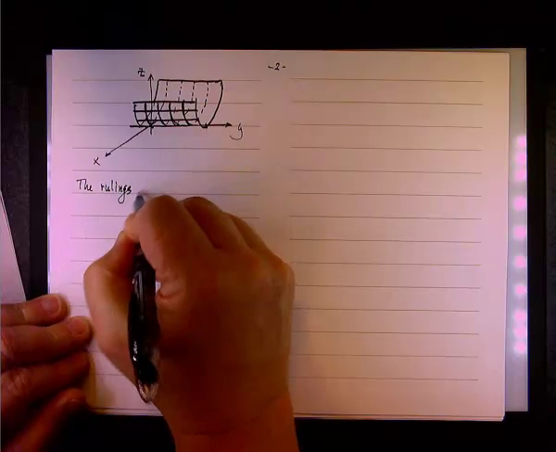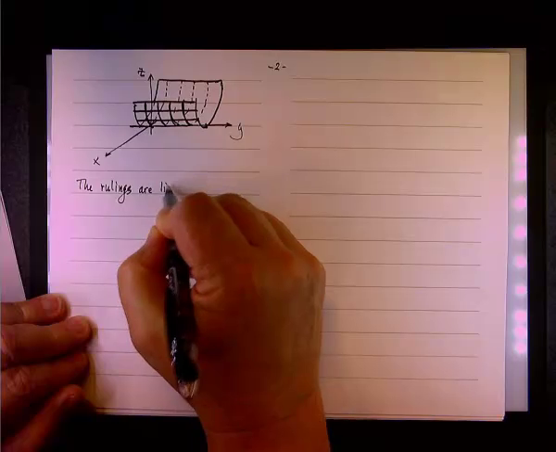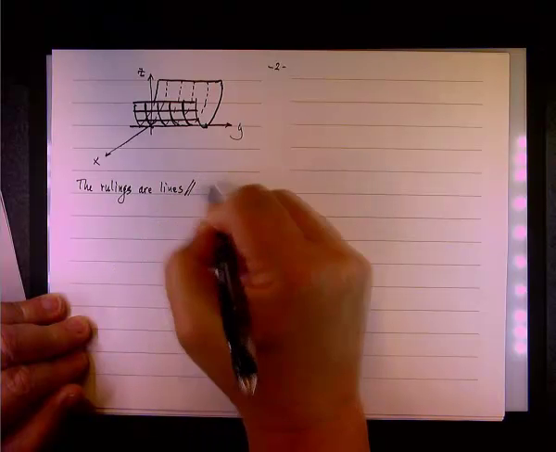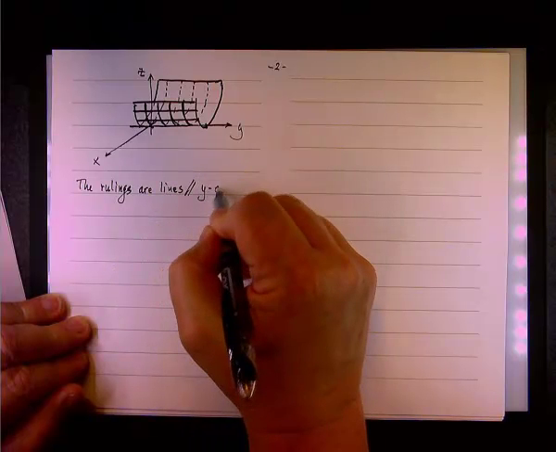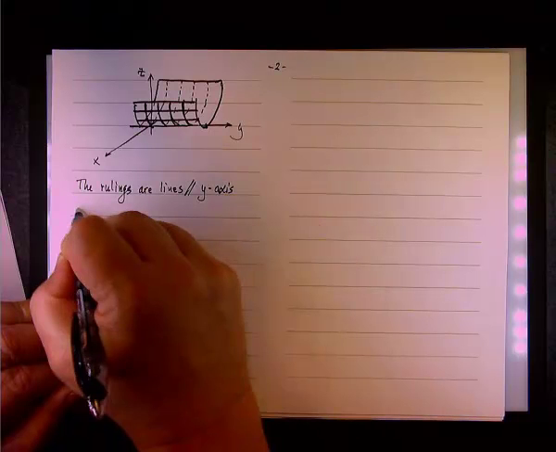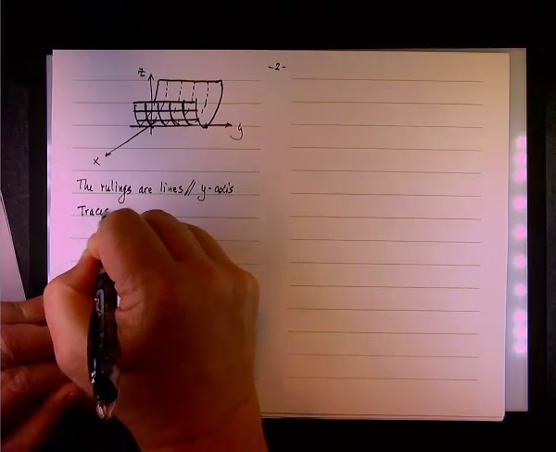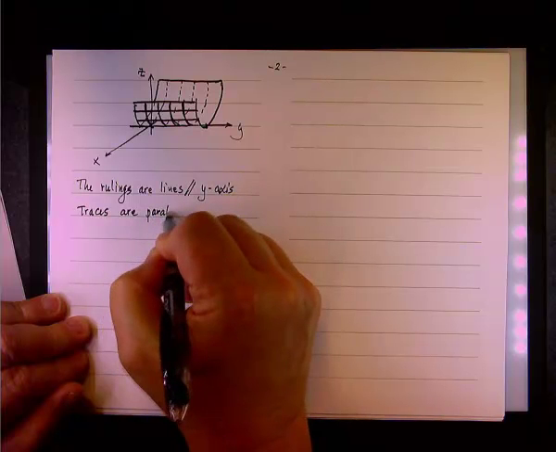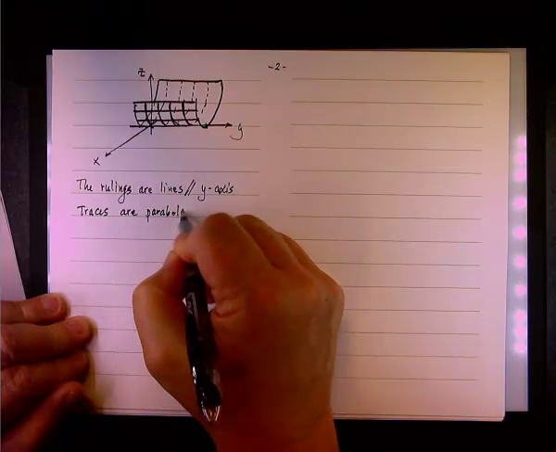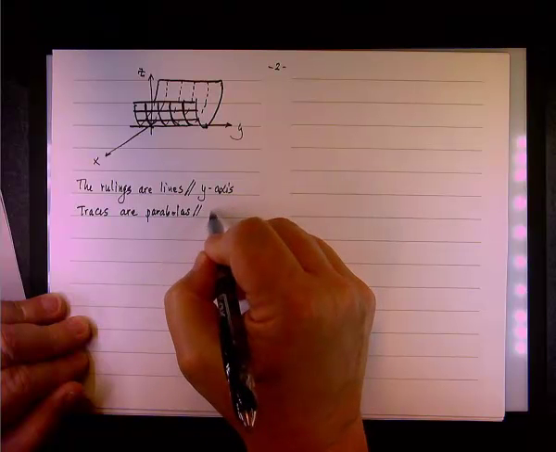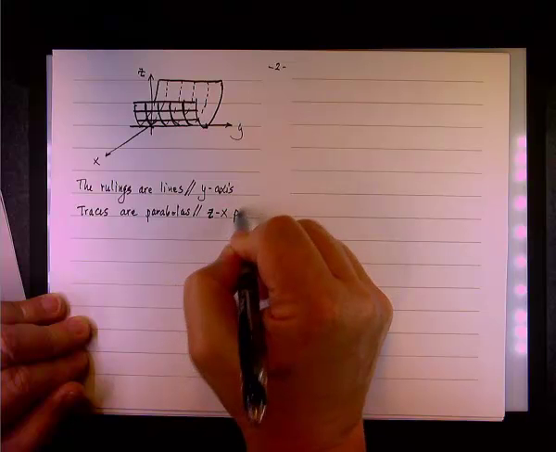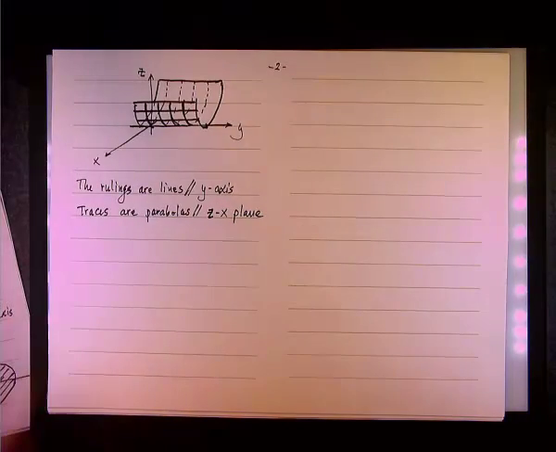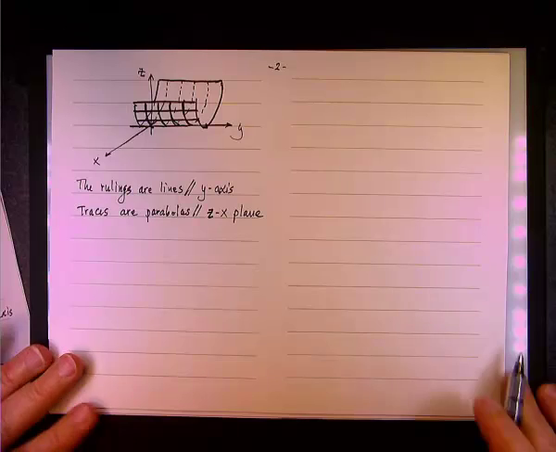So the rulings are lines parallel to the y-axis. Traces are parabolas parallel to the zx plane.